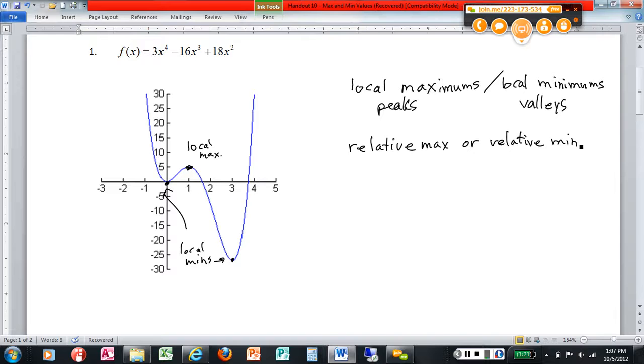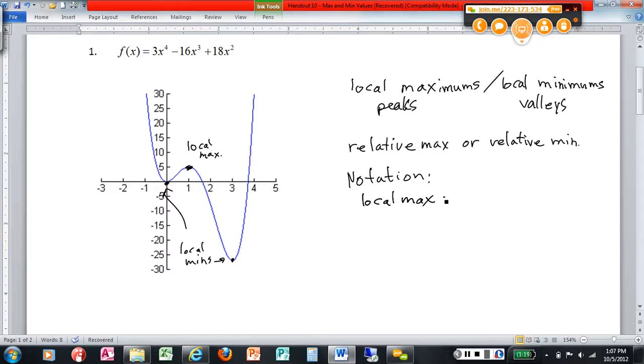All right. Now, here is a little bit of notation, how we're going to write that. We want a specific way to write these notationally speaking. For the local max, we're going to use function notation. Since we're talking about f of x here, the maximum value we're talking about is the function value.